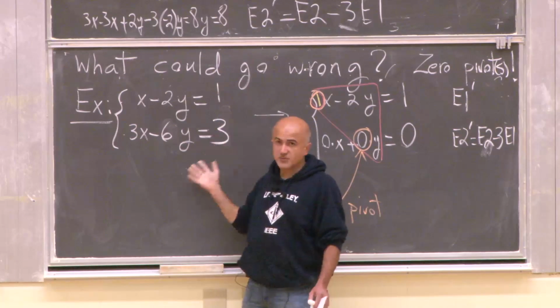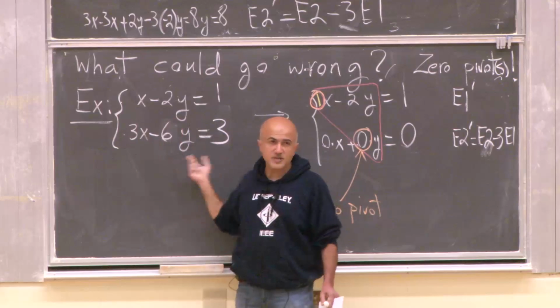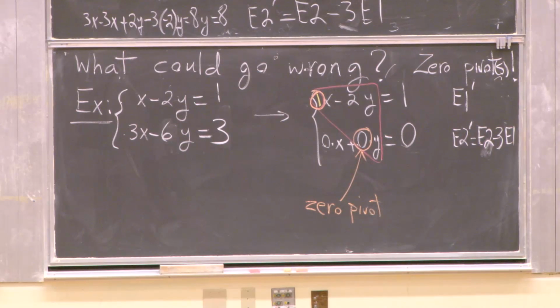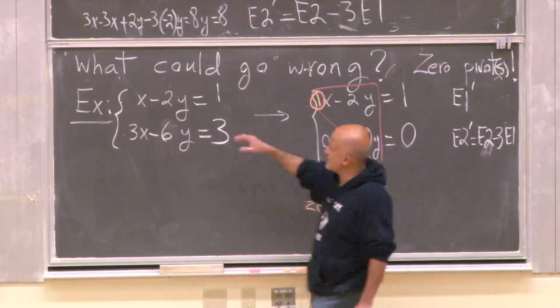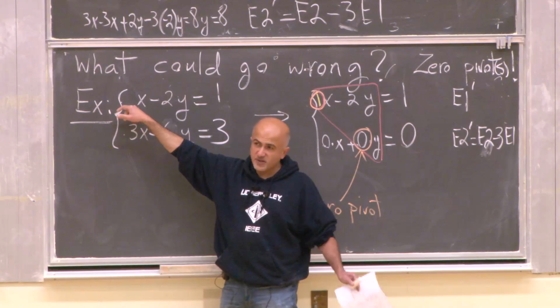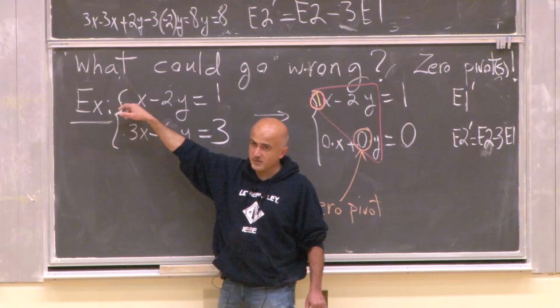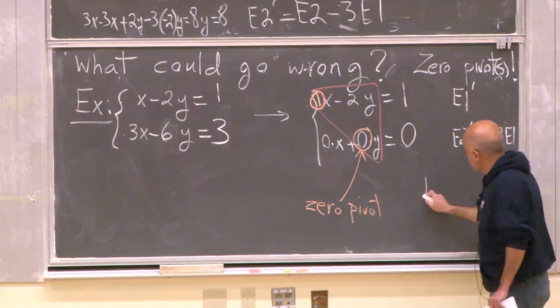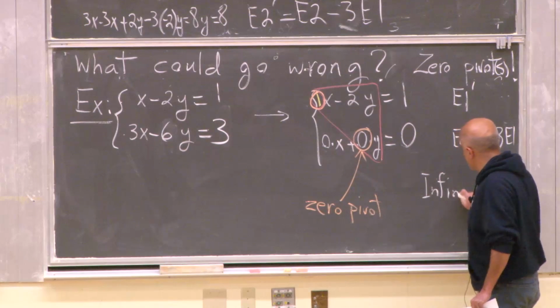So in this system of 2 equations and 2 unknowns, the second equation is superfluous. It's not giving us anything new. And that's why we have an infinity of solutions, because now we're effectively looking at a system that is a single equation with 2 unknowns. And anytime you have fewer equations than unknowns, you have an infinity of solutions. So this is an infinity of solutions.